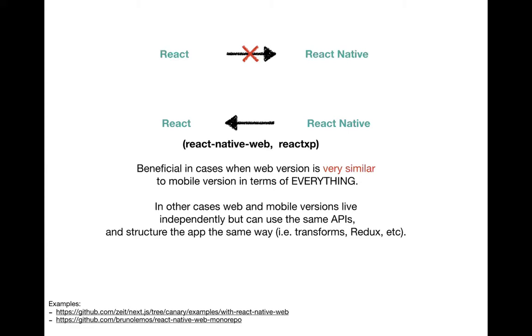When it is beneficial to use this approach, not always, but it is very beneficial when you have the same look and feel of web and mobile versions. For example, Twitter. In Twitter, you have pretty much the same functionality and look and feel on mobile and on web.